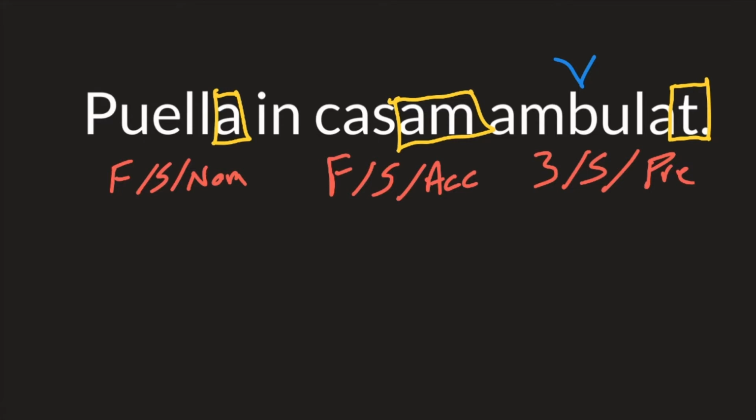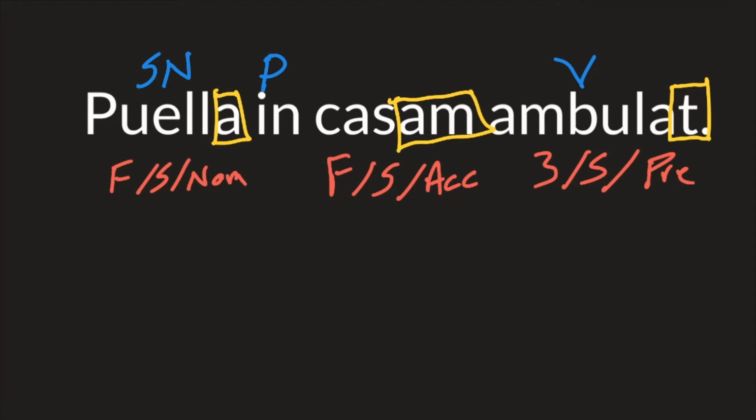Now that we've got everything parsed, we should be able to label things. Our nominative noun, which is the only nominative noun in the sentence, is going to be the subject. The nominative case is used for the subject of a sentence in Latin. It usually comes toward the beginning of the sentence, but it can be found in other places. And then the accusative ending would normally be used for the direct object. However, you'll notice that we have a preposition, the word in.